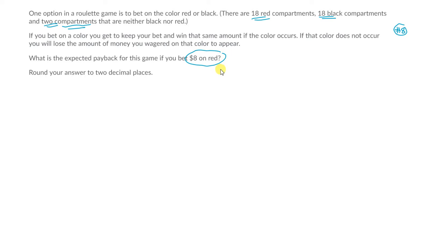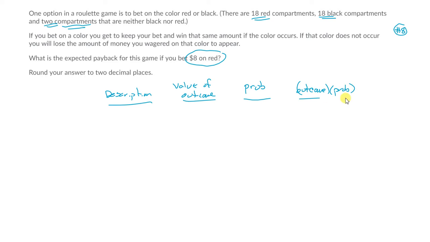What can happen? Again, we're going to have the description, then the value of the outcome, how much it's worth to us money-wise, and then the probability of getting that outcome. Then we multiply the value of the outcome times the probability of getting that outcome. That column gives us our expected value if we add it up.